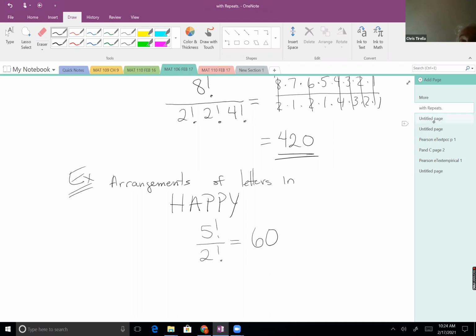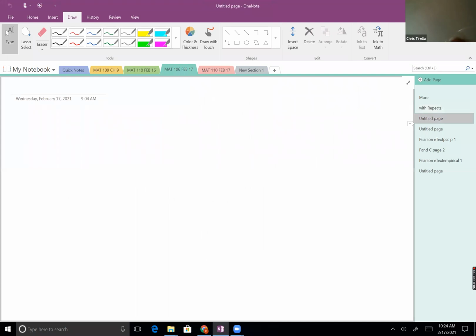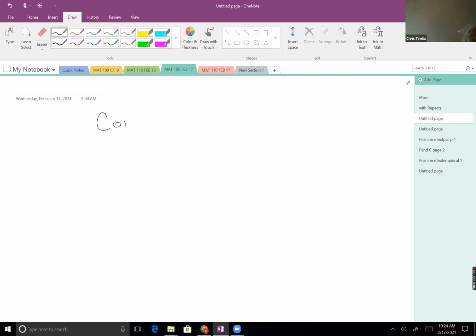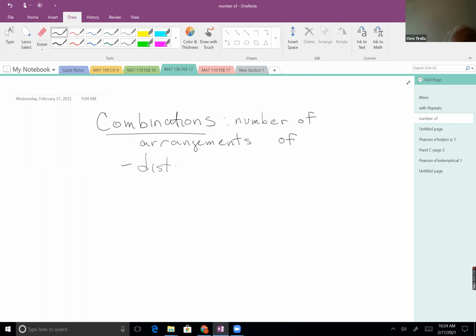If that's all right, that's the end of permutations. That was what we didn't get to last class, permutations with repetition. Next, we're going to look at combinations. Combinations give me the number of arrangements of objects, and just like with permutations, your objects have to be different, distinct objects.